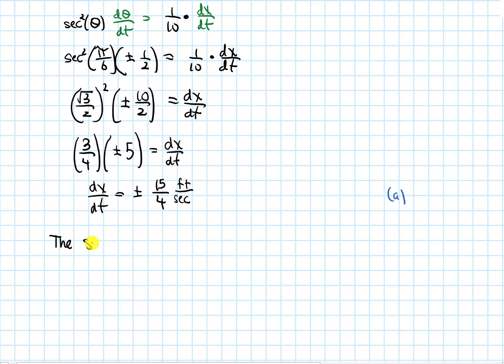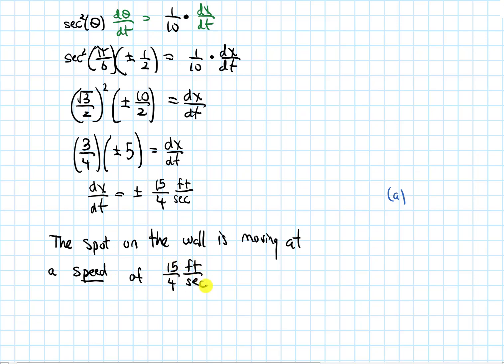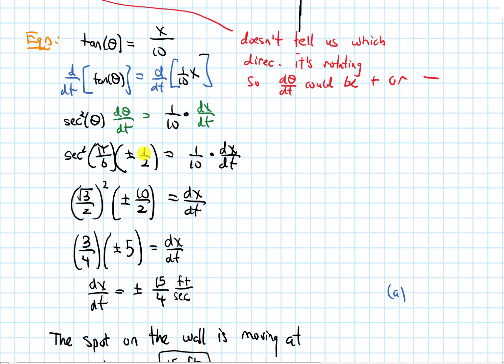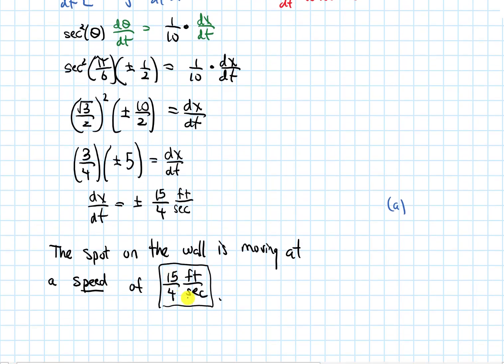So the spot on the wall is moving at a speed, there's that keyword, at a speed of, and I make that positive now, 15 over 4 feet per second. All right, so in this example, it actually didn't matter whether our d theta dt was positive or if it was negative, because in terms of the speed, we end up getting the same value at the end.